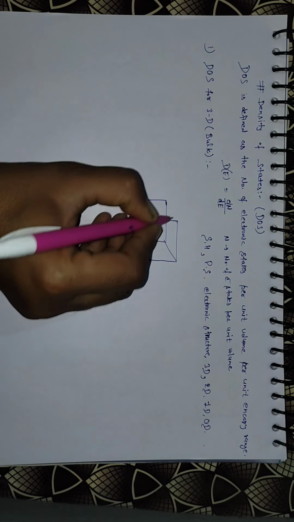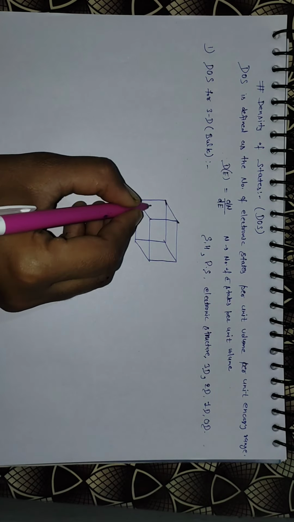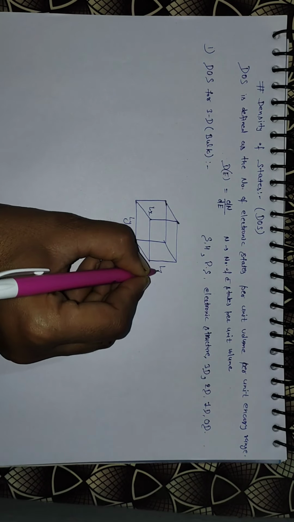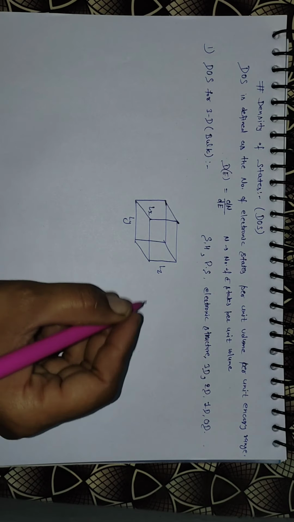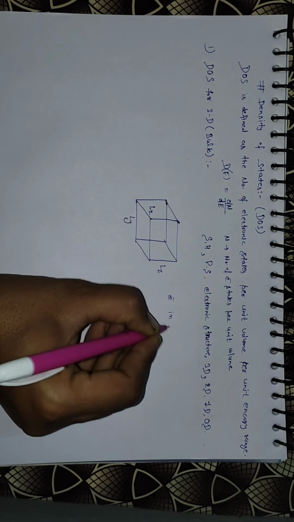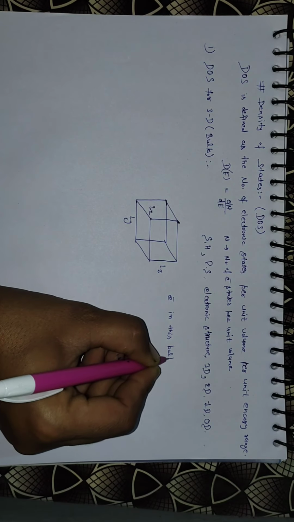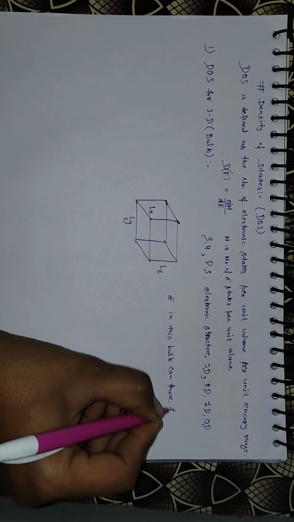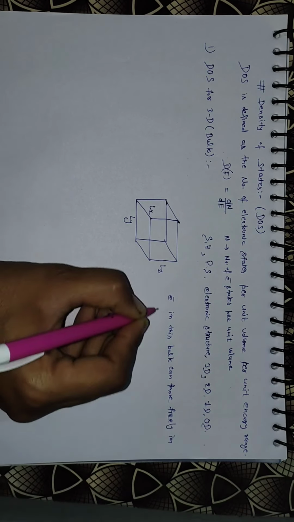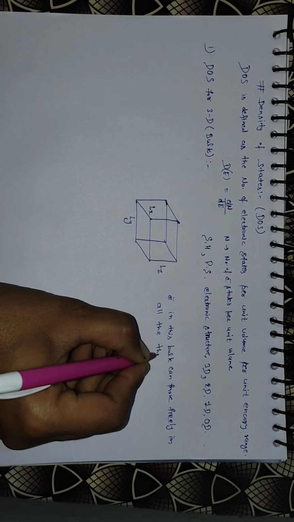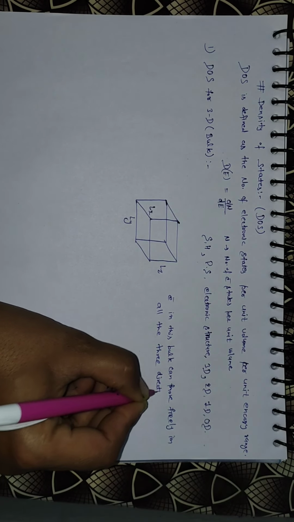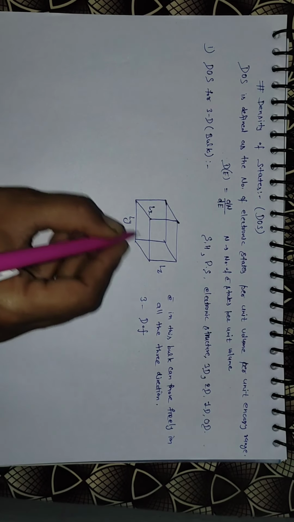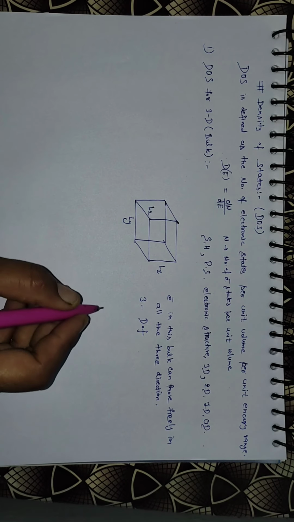Let's say this is a bulk material, and the dimensions are Lx, Ly, and height Lz. An electron in this bulk can move freely in all three directions, so there are 3 degrees of freedom, because the electron can move in all 3 directions.